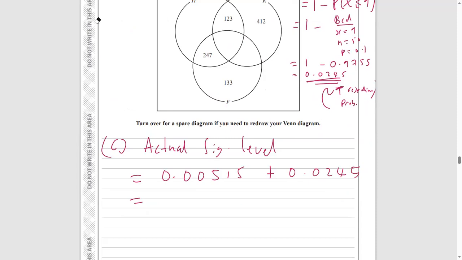If we work that out on the calculator, so plus 0.00515, the actual significance level for this test is 0.0297 to 3 significant figures.